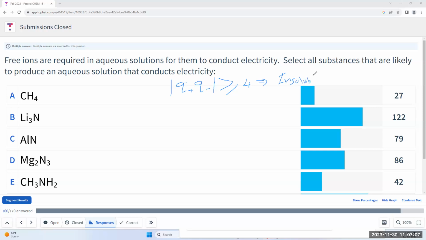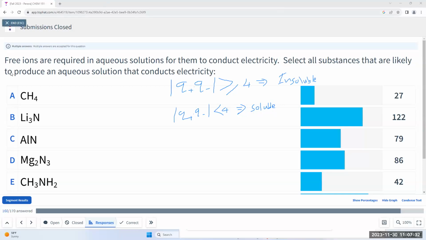Okay, so this is the mantra. In other words, if the charged product, let me write it out for you, even though it is already implied here, is less than 4, then it's going to be soluble. So this is the only requirement that you need to look for. Okay. Soluble.